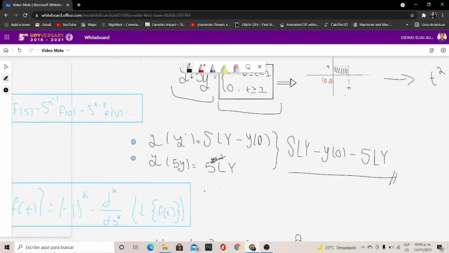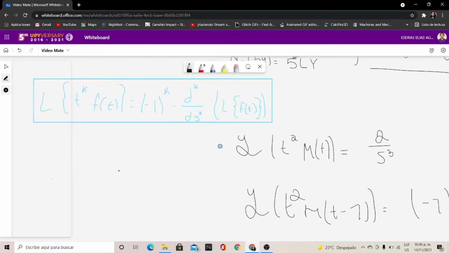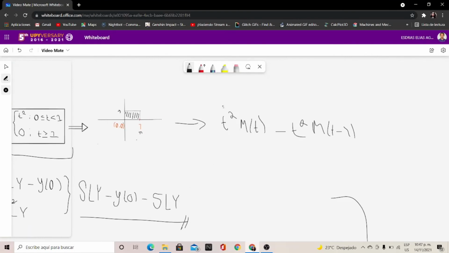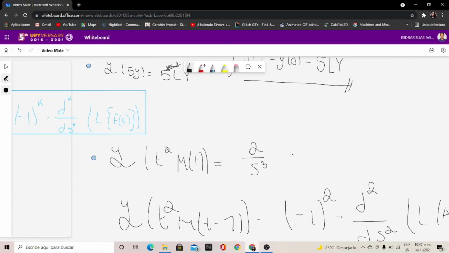So on this side we have s times the Laplace transform of g minus g evaluated at 0 minus 5 times the Laplace transform of g. Now we apply the Laplace transform to the other equation, t squared times the unit step of t minus t squared times the unit step of t minus 1.